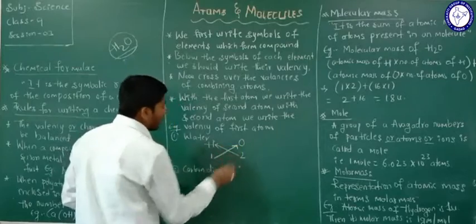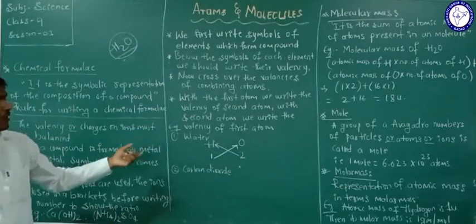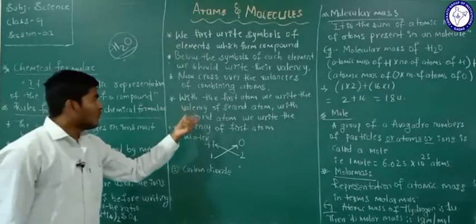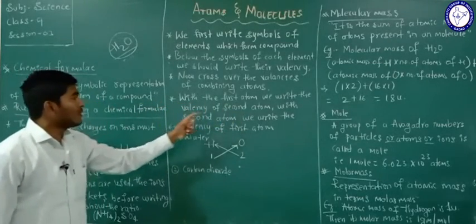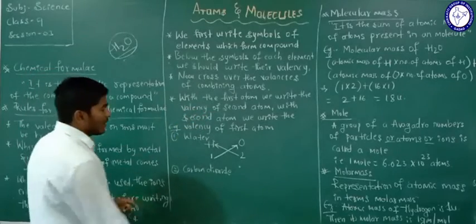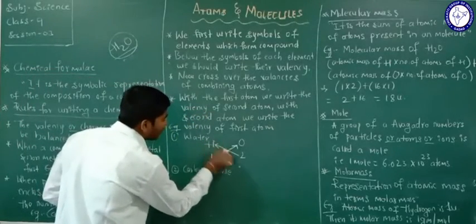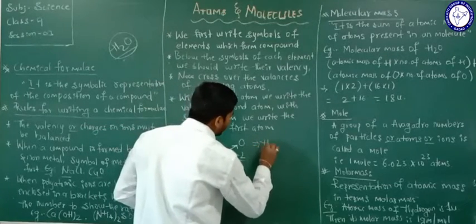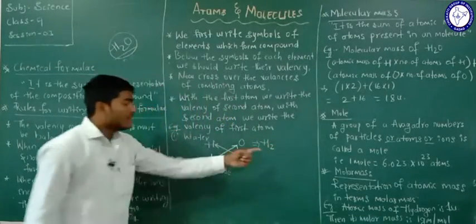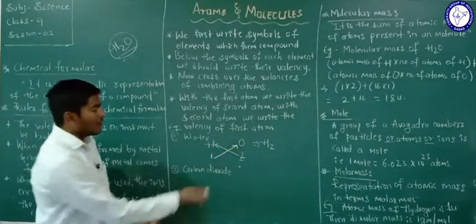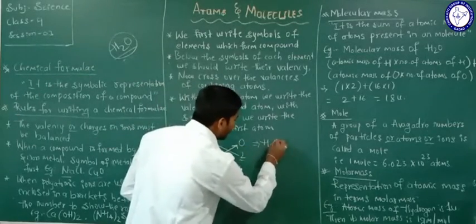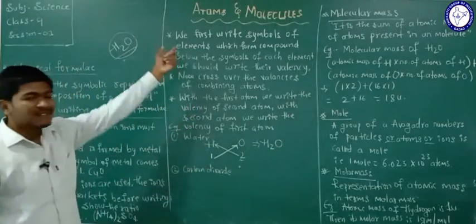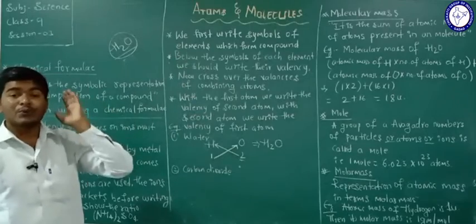And fourth step, with the first atom we write the valency of the second atom, and with the second atom we write the valency of the first atom. So these are the very important rules when we are going to write a chemical formula.